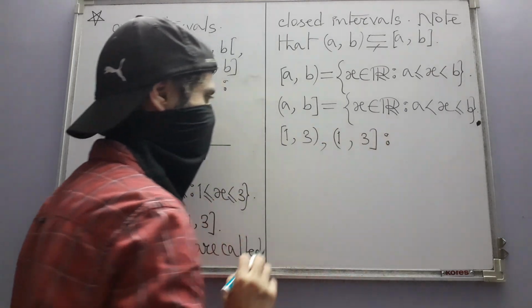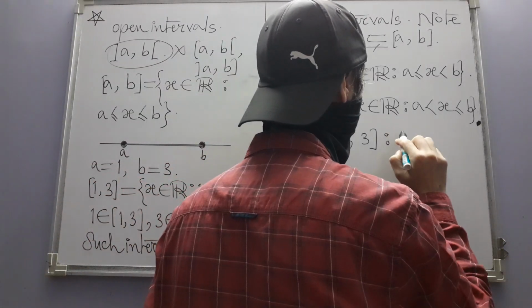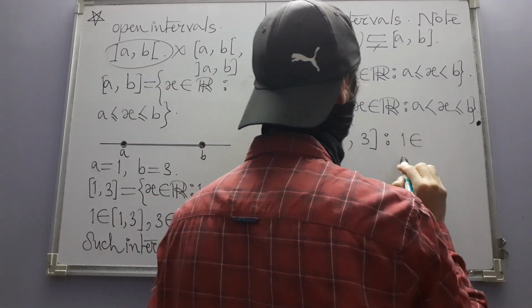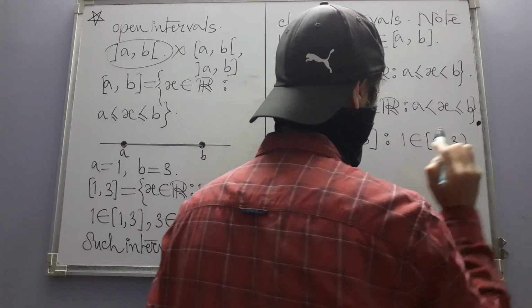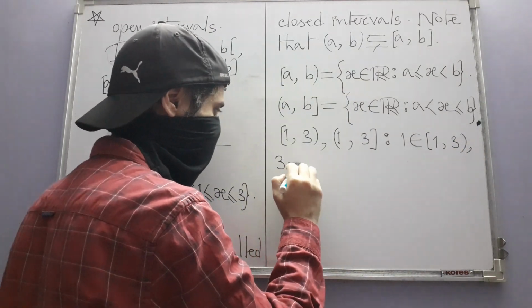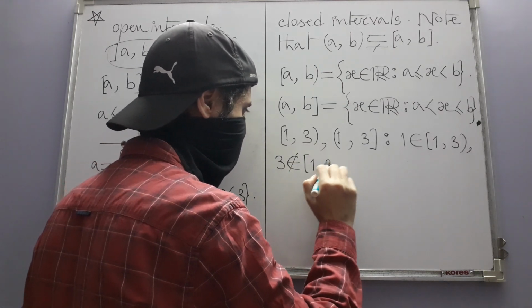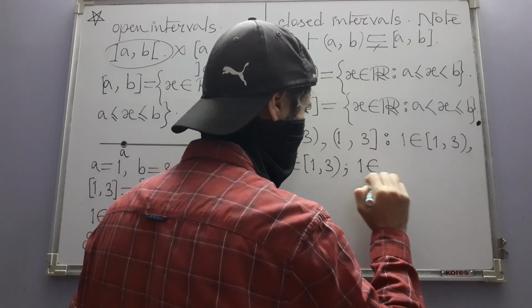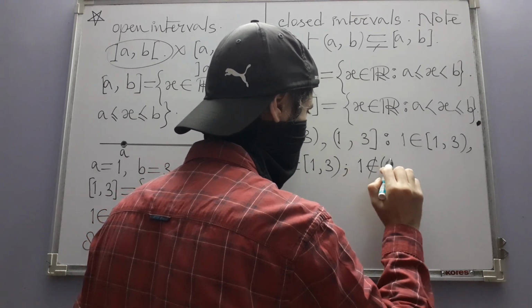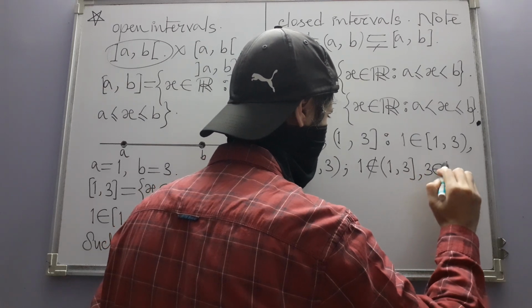Now the thing we should note about these intervals is that 1 belongs to the first type of interval and 3 does not belong to that interval. Similarly, 1 does not belong to the second type of interval, but 3 belongs to the second type.